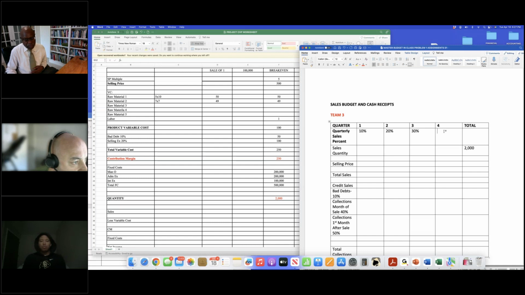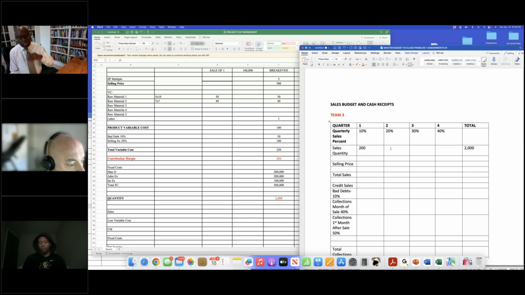Sales 2,000. So in the first quarter, how many of this 2,000 are going to be in the first quarter? 10% of 2,000. Is it 200? 200, and I'll put this other one in here just to help out, 400.